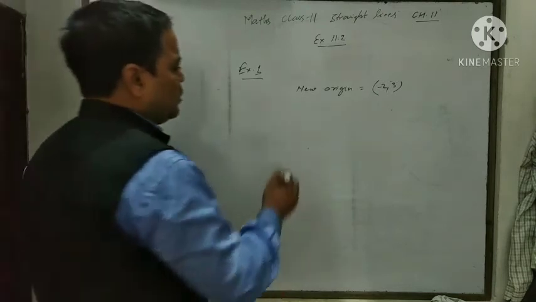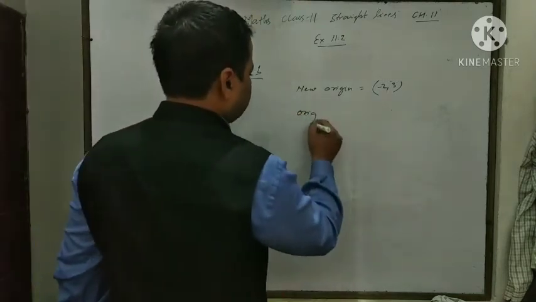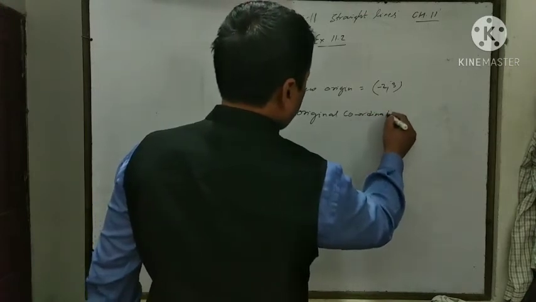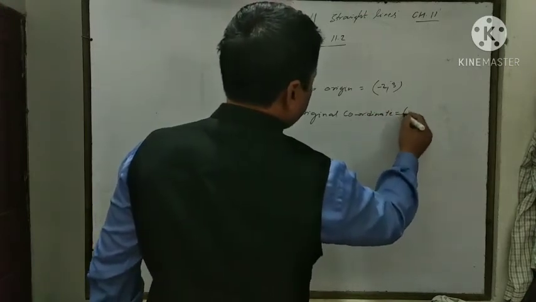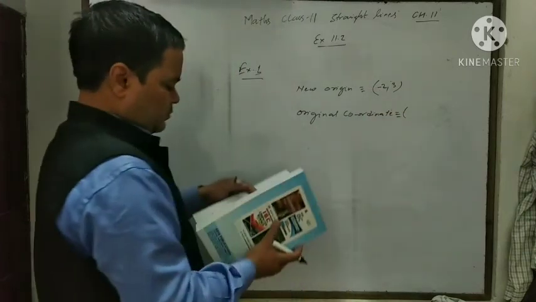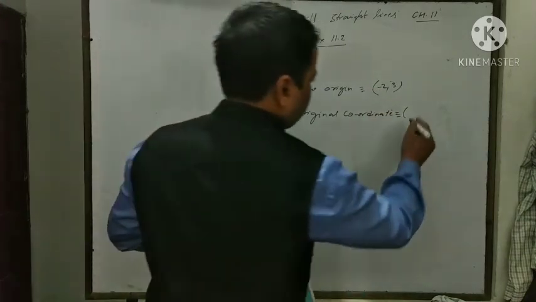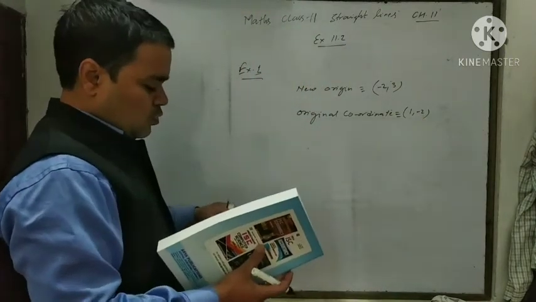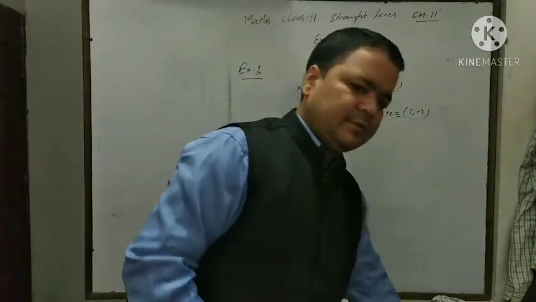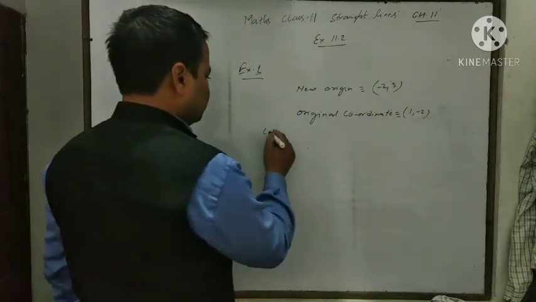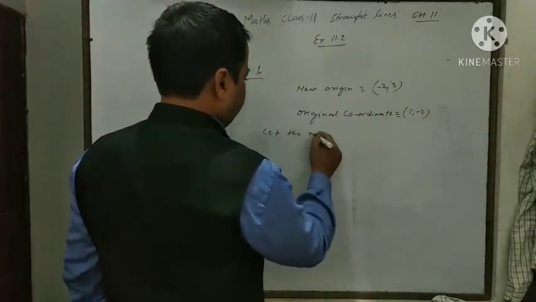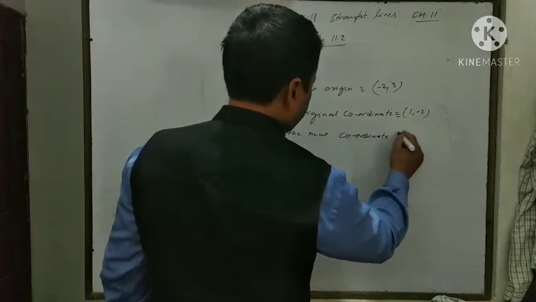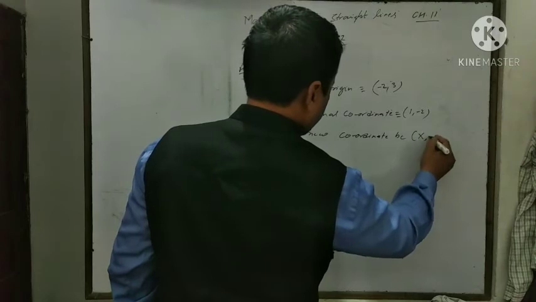The original coordinate is given, and the original coordinate is (1, -2). The question is: what will be the new coordinate? So let the new coordinate be capital X and capital Y.